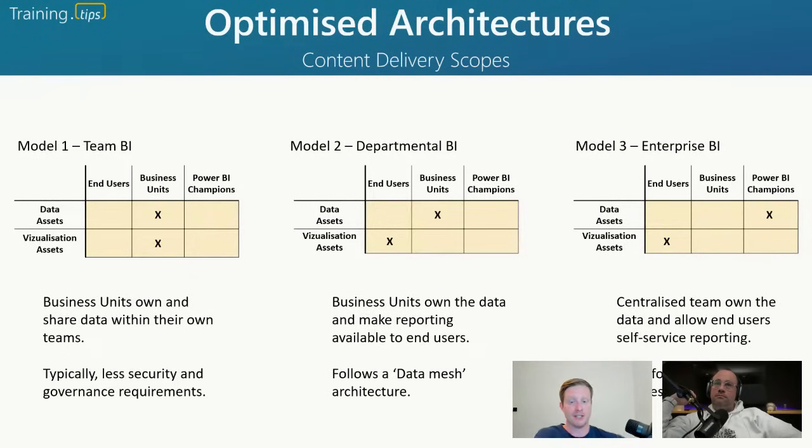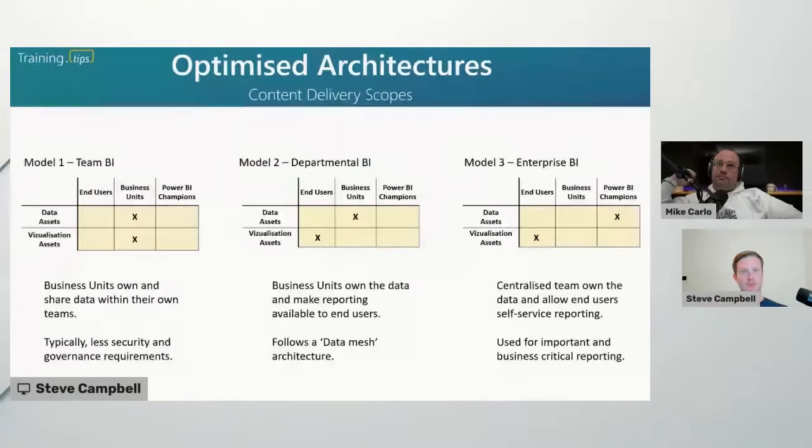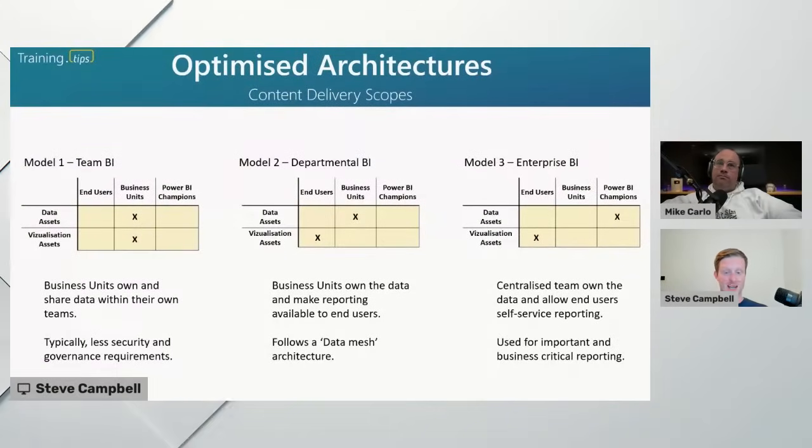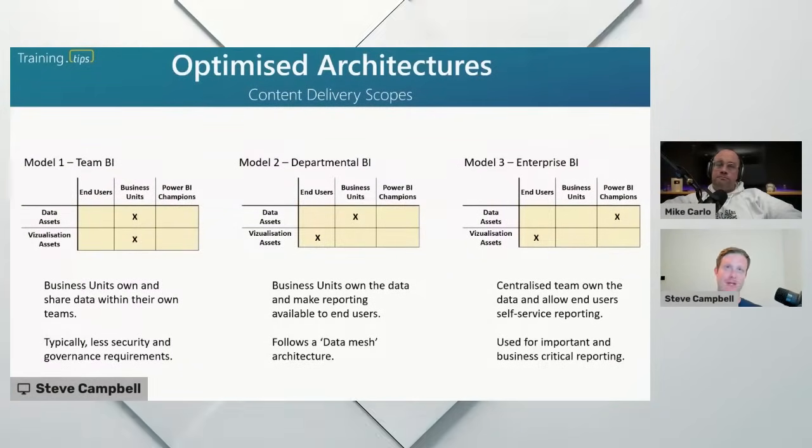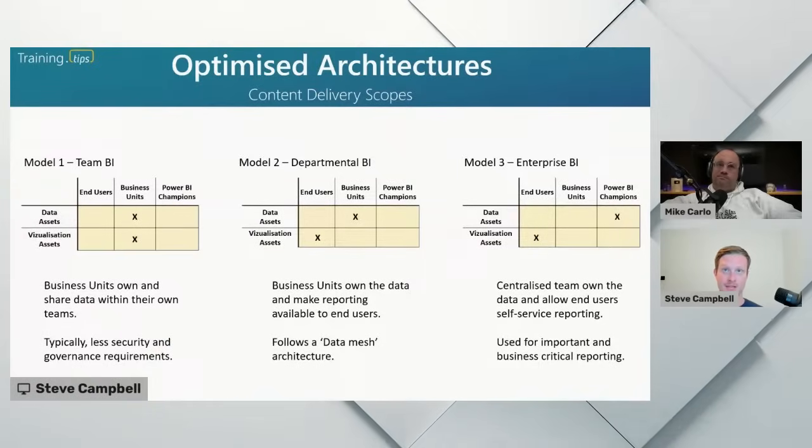We might have departmental BI, where the business units then create the data models and create the semantic models. However, what they do is they just share those semantic models and let end users build their own reports off them. So a bit more self-service. So business units kind of own the data while they let other units build data sets off this.